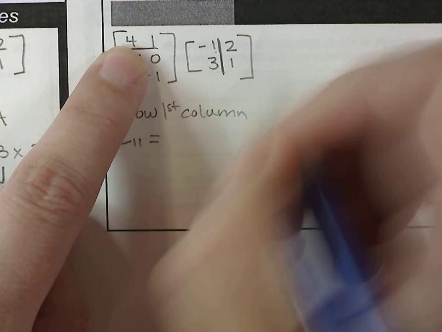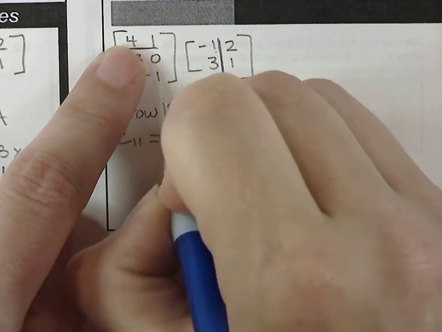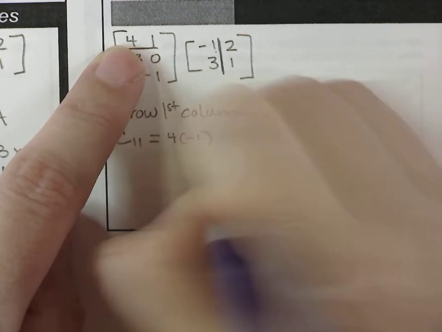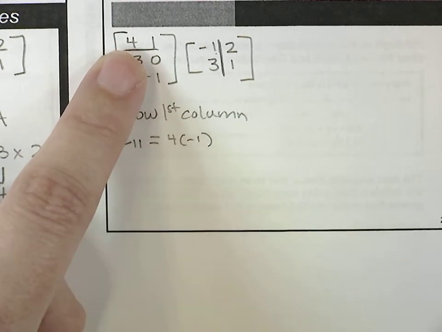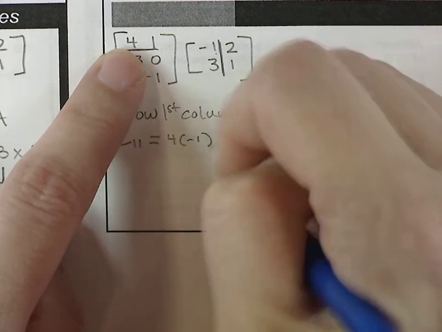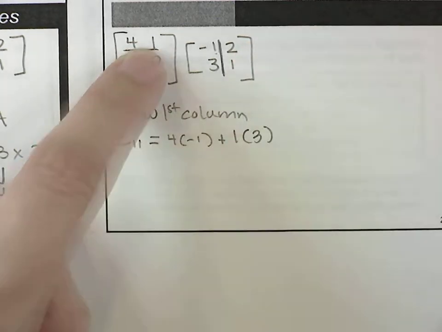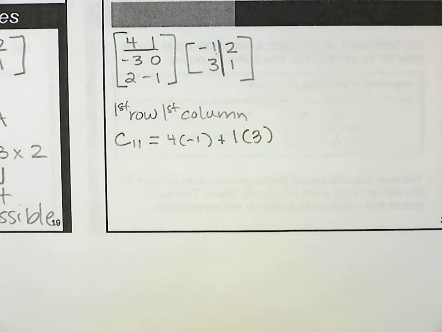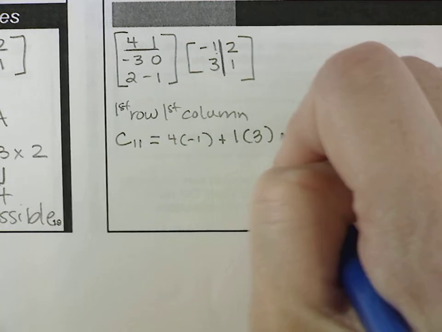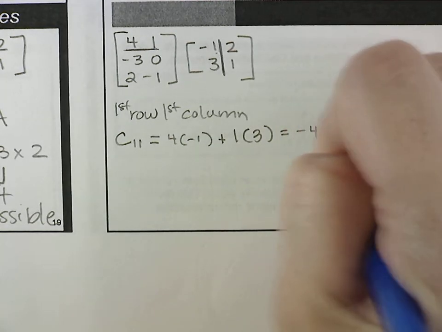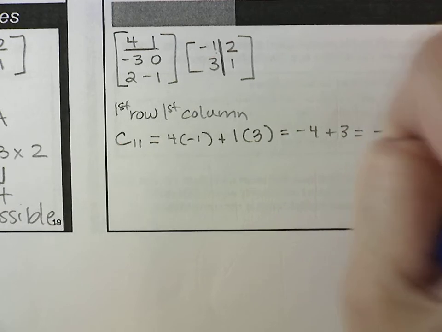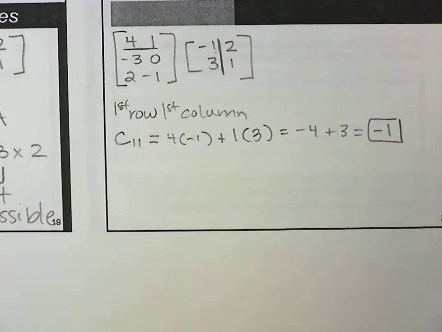So 4 times negative 1, which is negative 4. Actually, for the first time I'll write this down. So it's 4 times negative 1 plus 1 times 3. Okay, so that's going to be negative 4 plus 3, which is going to be negative 1.